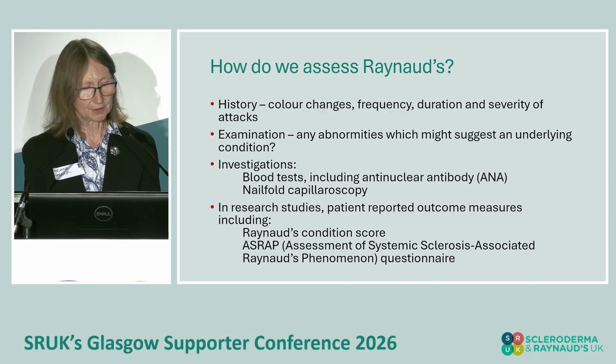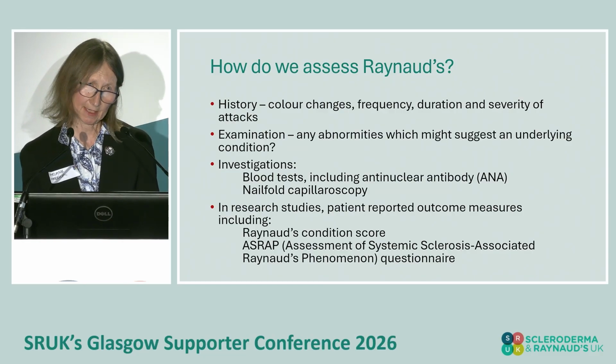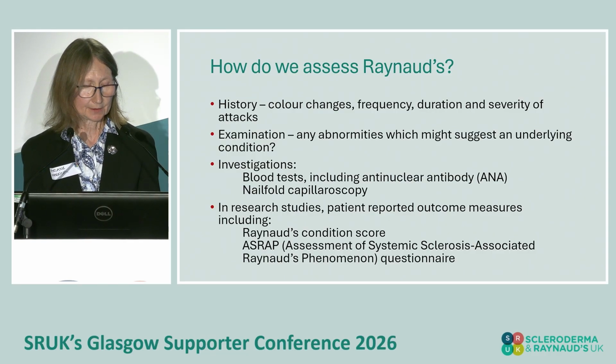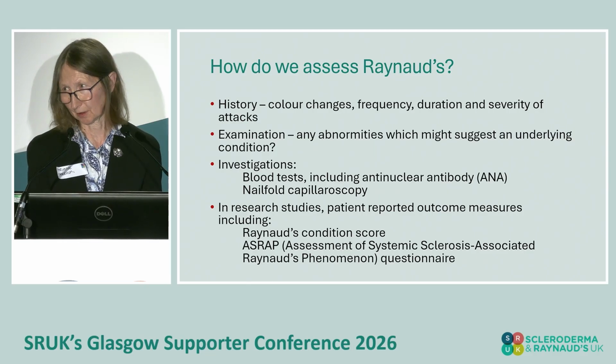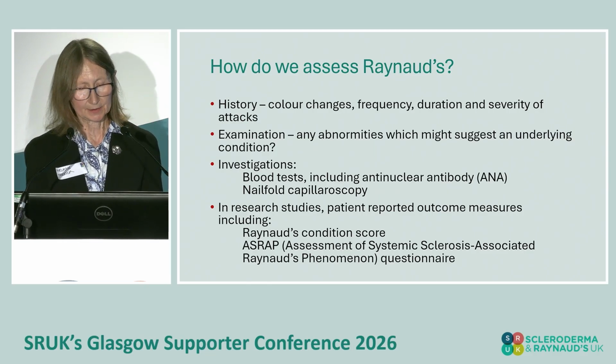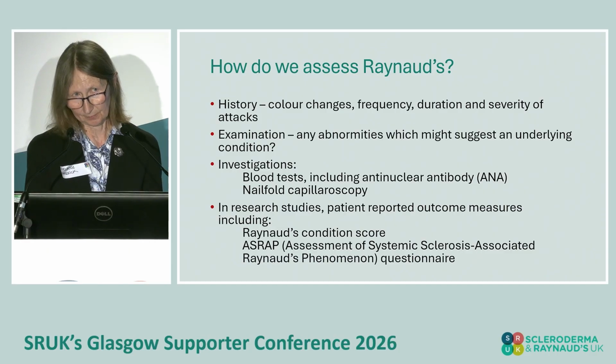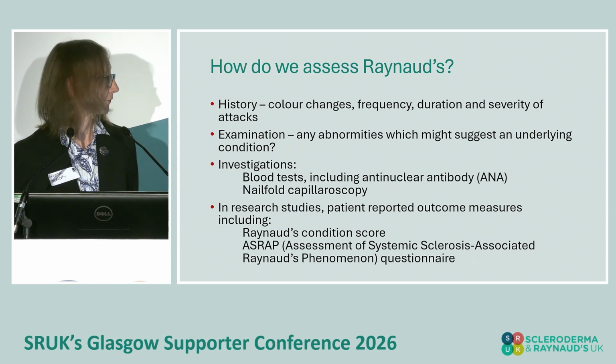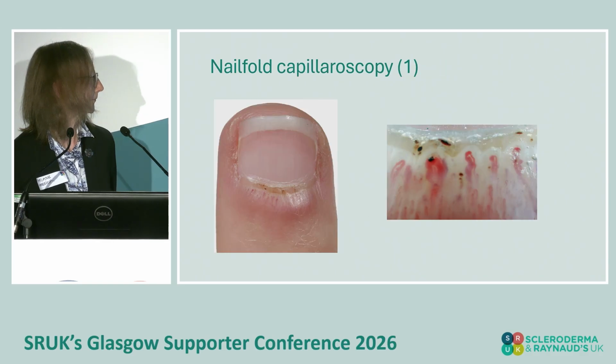And we also recently have a questionnaire called the SRUK, which was developed by Dr. John Pauling from Bristol and others. This is a 27-item questionnaire that maybe one or two of you have seen, and it encapsulates a whole load of the patient experience from Raynaud's, and we hope that it will help us measure how bad the Raynaud's is and how it might improve as a result of drug treatment.